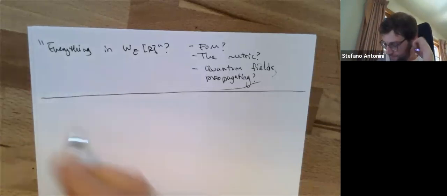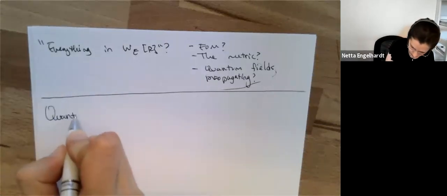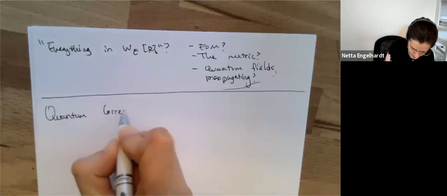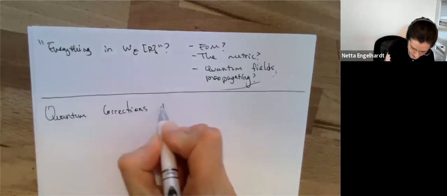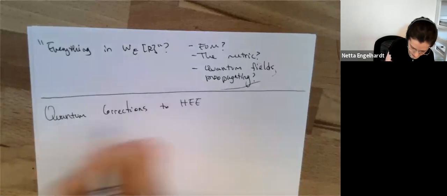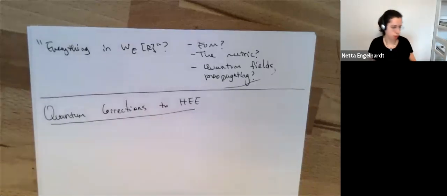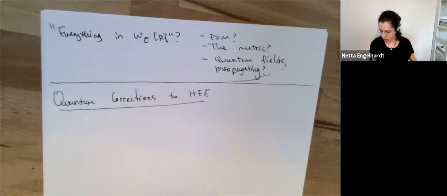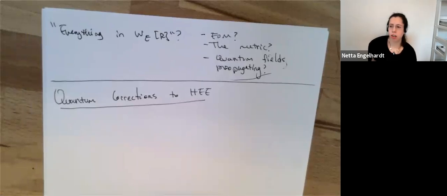So quantum corrections: holographic entanglement entropy. How does the holographic entanglement entropy formula change once we start adding quantum corrections?